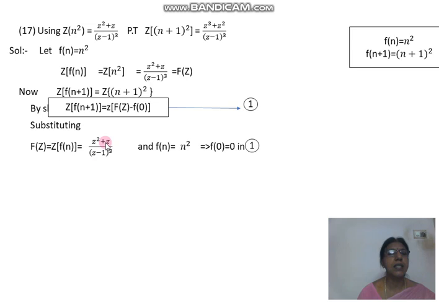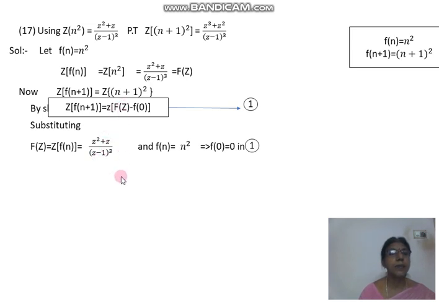Substituting these values in 1: F(z) = (z² + z)/(z − 1)³, and f(n) = n². What is f(0)? f(0) is 0², so f(0) = 0. Substitute f(0) = 0 in 1, and also F(z) = (z² + z)/(z − 1)³ in 1.